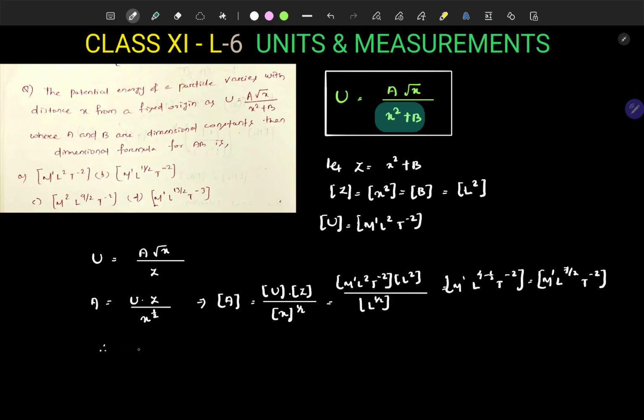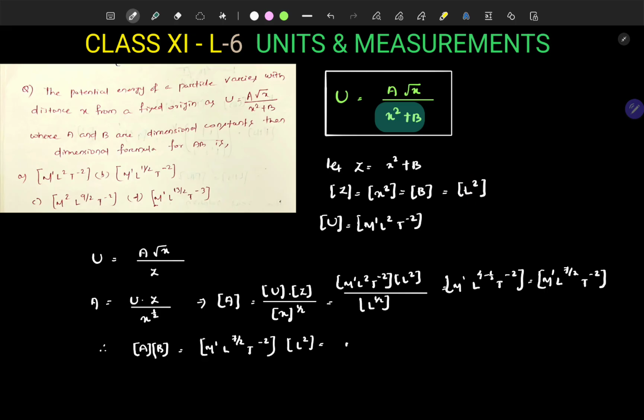Thus the dimension of A into B, the A dimension into the B dimension. A is M power 1 L power 7 by 2 T power minus 2. Next, the B dimension is L2.